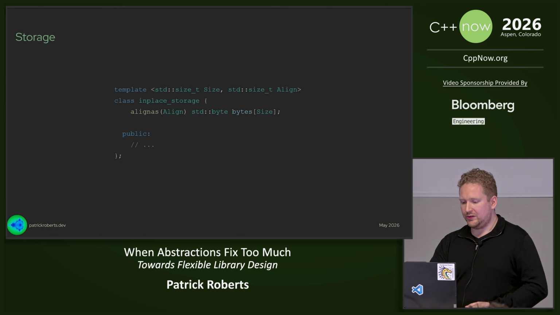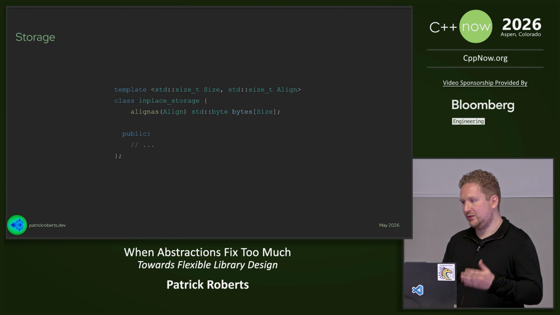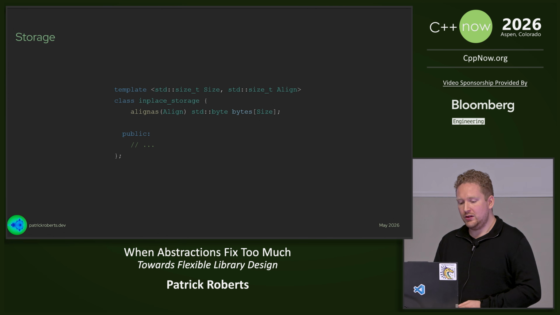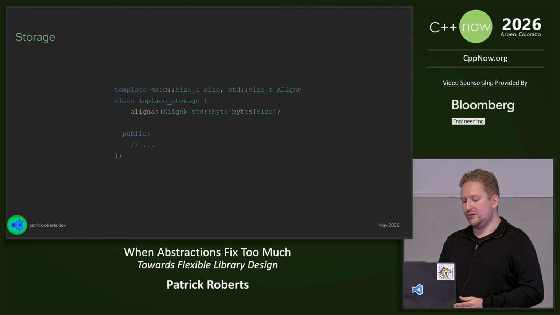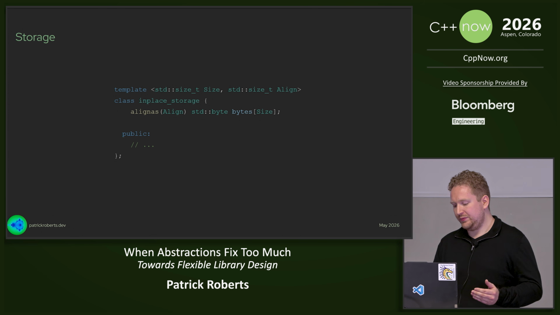So with the in-place storage, just to recap, it's not a fully generalized storage policy. It's only capable of erasing concrete types that satisfy those requirements. And again, you can choose whether you want to use FINE or some other constraint mechanism for rejecting the ones that don't work. That's the trade-off.